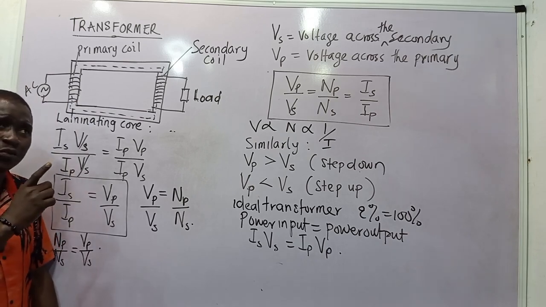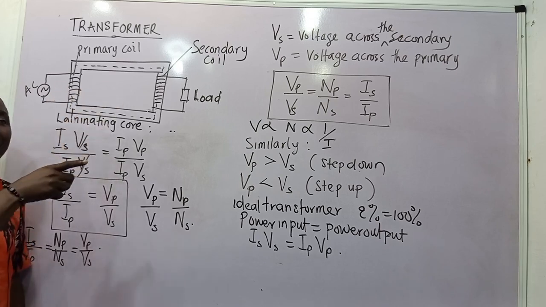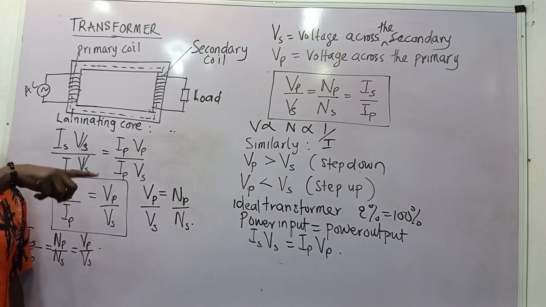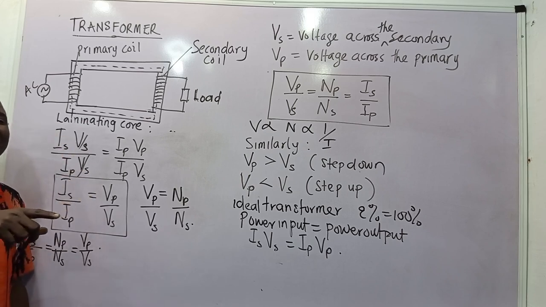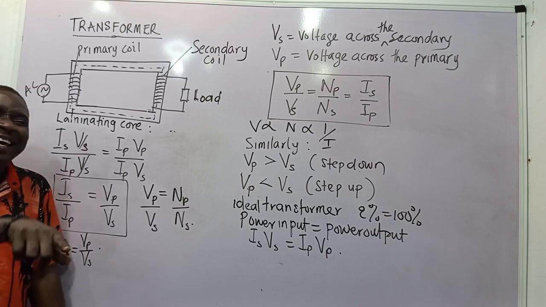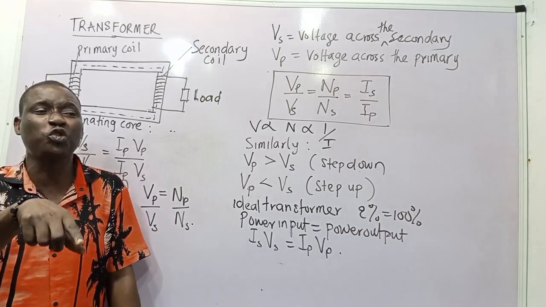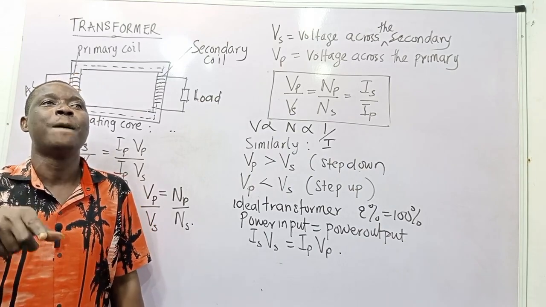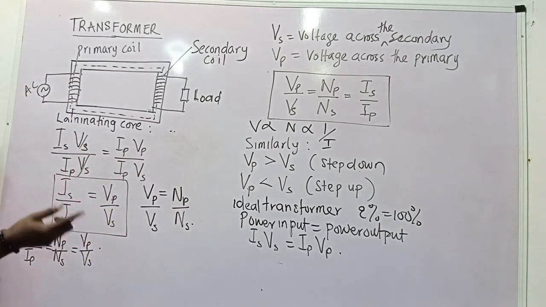The eddy current is the loss formed in the transformer as a result of a circulating current, produced by the induced magnetic flux in the transformer.